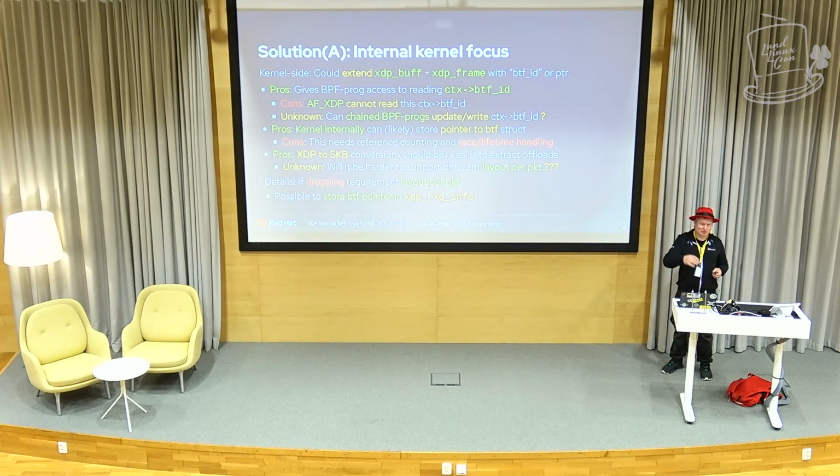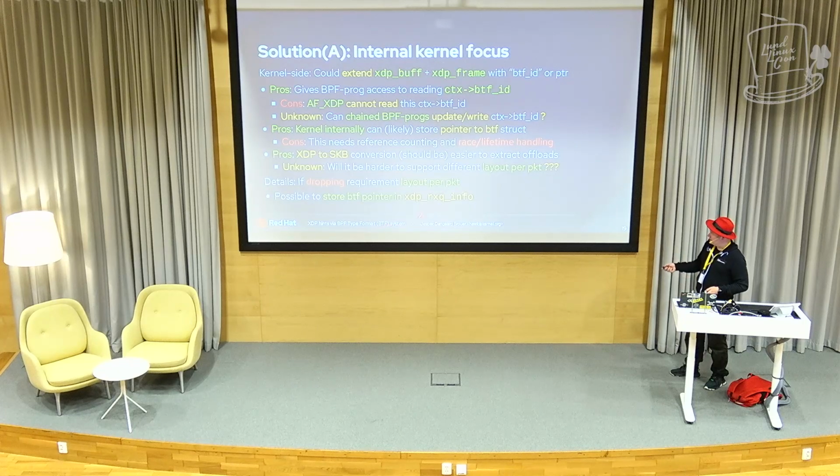The kernel sees a pointer, and should we have several pointers to different layouts? That's also an unknown I was discussing with Magnus yesterday. And if we lock it down, there's only one layout per packet, which is not so flexible. We could even store it in the XDP receive queue info, but that's just a detail.